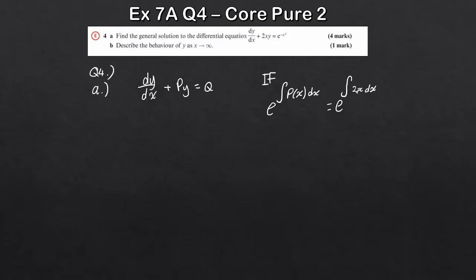And this is a nice easy integration. Add 1 to the power, divided by the new power. So this will just give you e to the x squared. Now we can start solving this differential equation and finding the general solution.